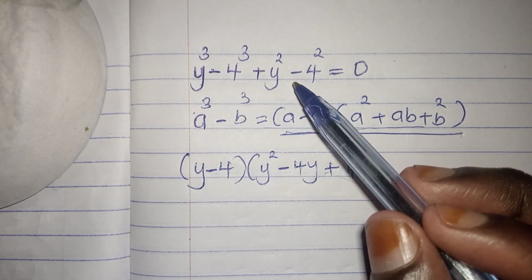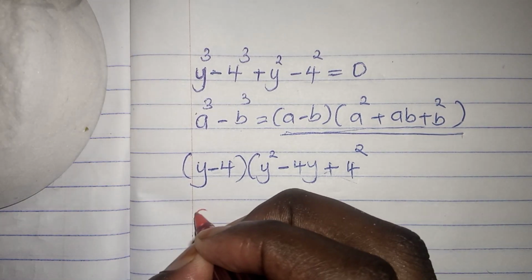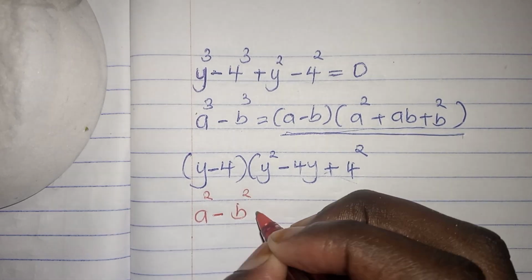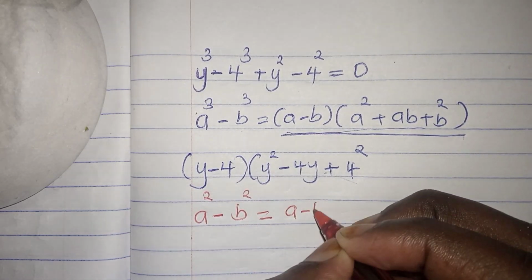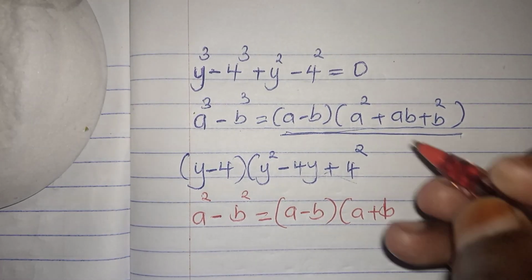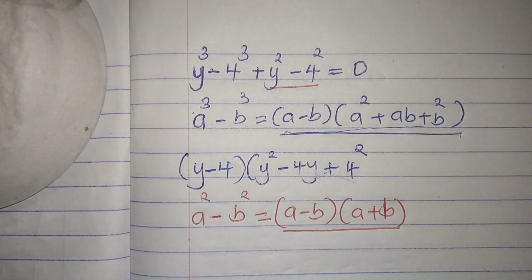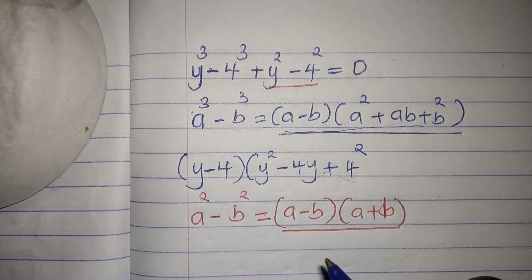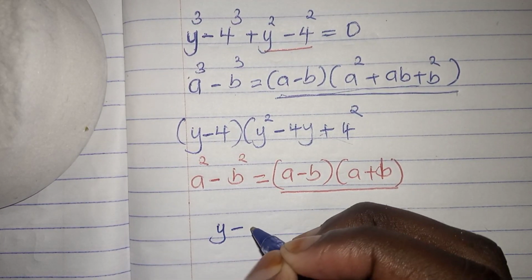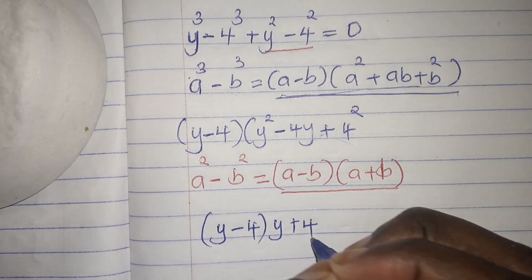And for y squared minus 4 squared, we can write it using this formula: a squared minus b squared is the same as a minus b into a plus b. So we want to present this using this formula. And y squared minus 4 squared will be y minus 4 into y plus 4.